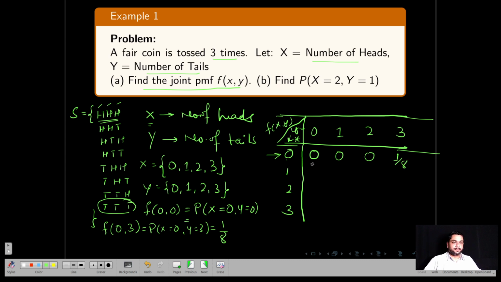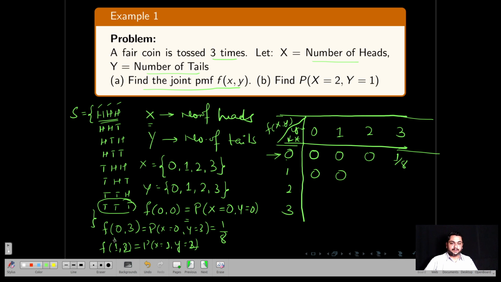Next, 1 0 not possible. 1 1 not possible. 1 2 yes possible because it forms 3. So p of x equal to 1 comma y equal to 2.